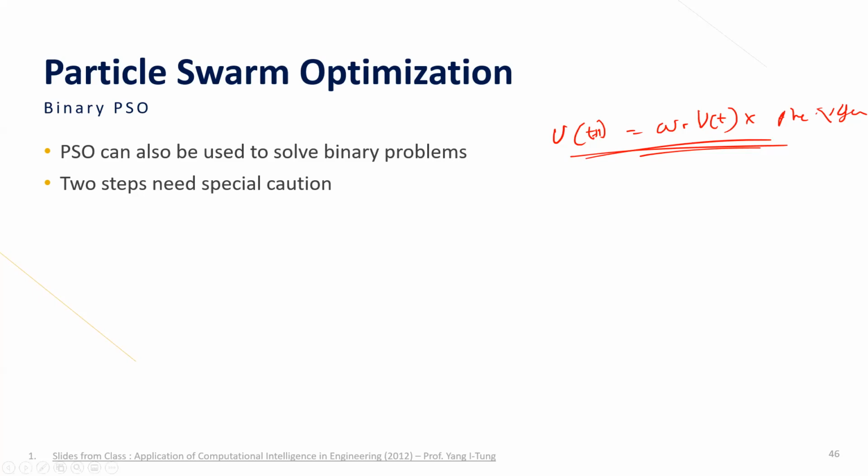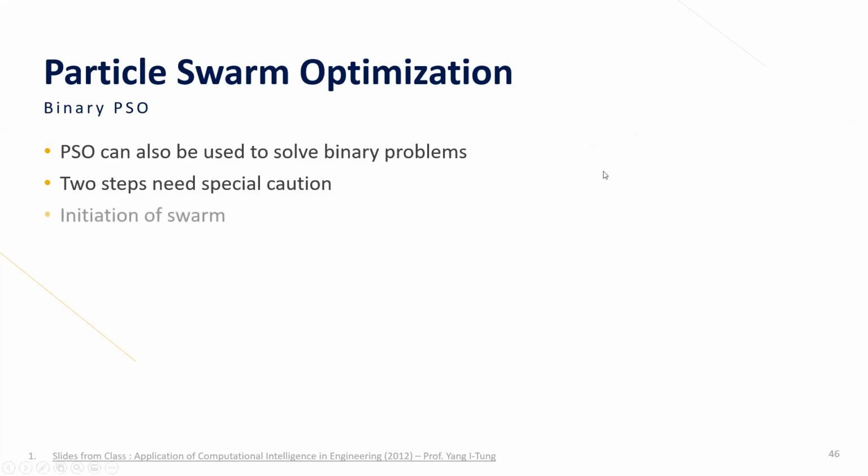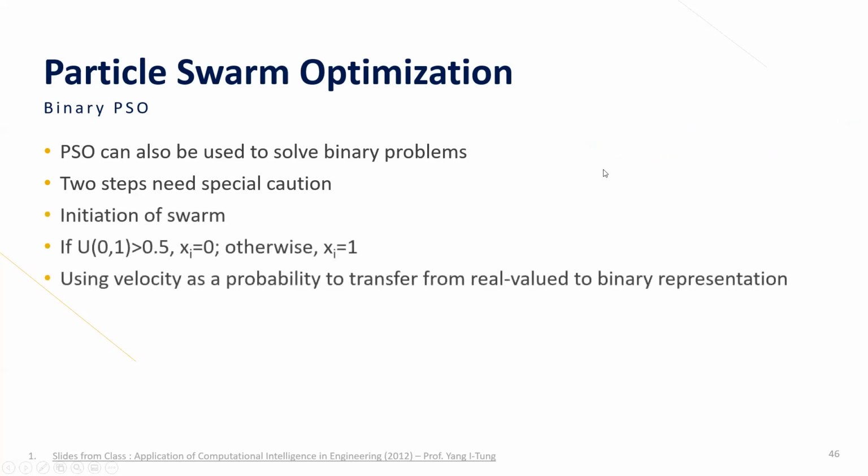Now you want to use it for binary. How do you do that? Of course, first you need to apply the same formula. You use the same way, and then you limit the location to be greater than or equal to 0 and less than or equal to 1. And then you can use a simple transformation.